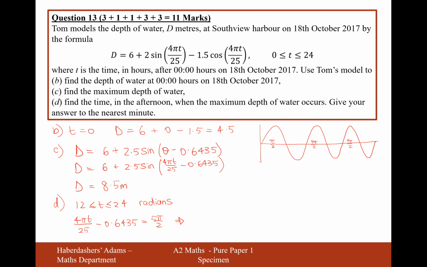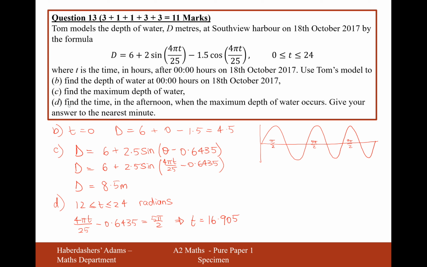So we start by writing out 5 pi by 2, and then we add this 0.6435 onto the other side. Then we multiply by 25, and then divide by 4 pi, and we get a value that is 16.905.